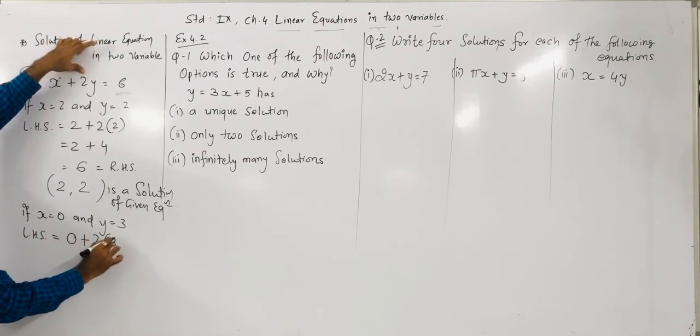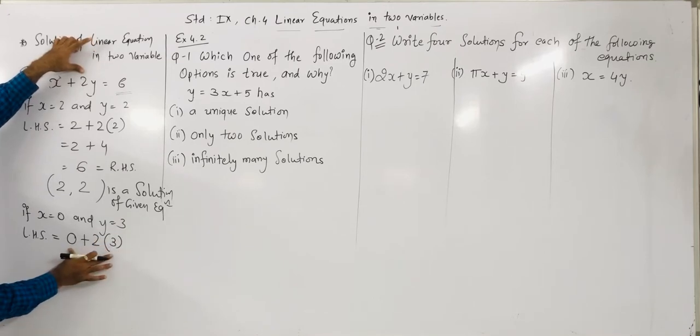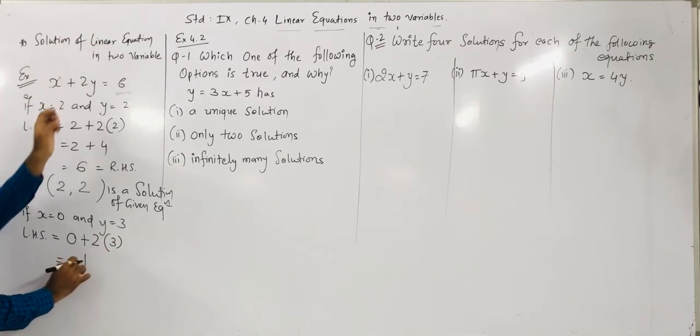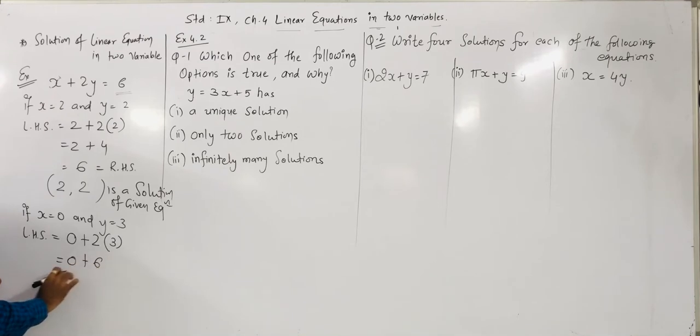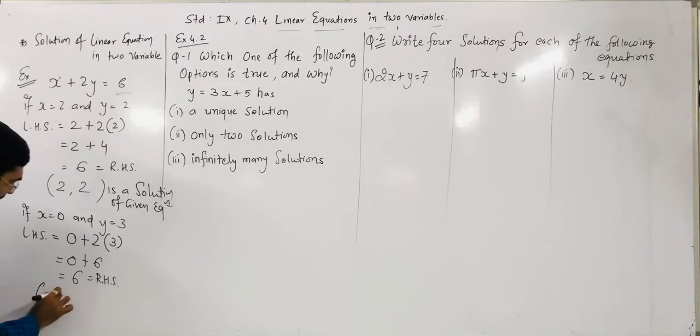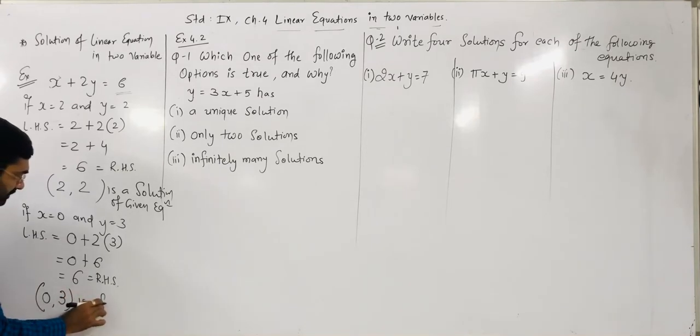So 2 into 3 is 6. So 0 plus 6 is 6, which is our right hand side. So we can say (0, 3), as I told you, x value first and y value second, is also a solution of the given equation.